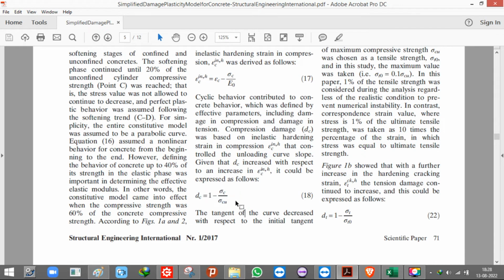Dc is damage in compression. So 1 minus sigma C upon sigma CU. Sigma C we know, and sigma CU we also know. Sigma CU is 80 and sigma C is the corresponding stress.